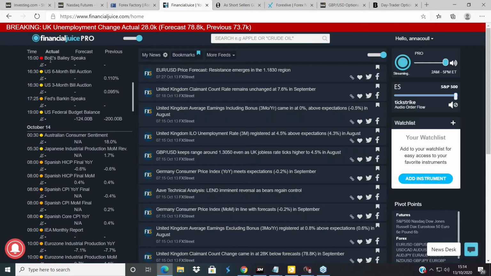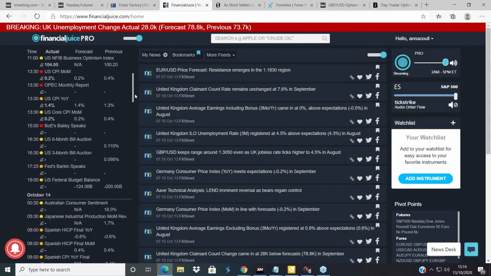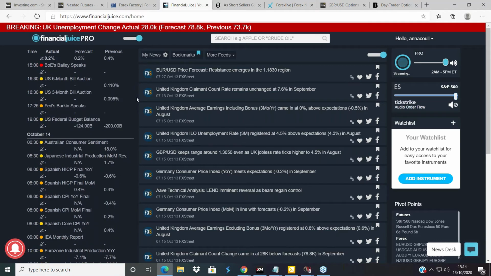So we've got the Bank of England's Andrew Bailey speaking at 3 o'clock. Where's he popped up, David? He wasn't there this morning. Let's have a look. We've got some auctions, we've got a Fed speaker, and then we've got the US federal budget. But generally speaking, all the fundamental news has gone through. So we're back to the election, the virus, the stimulus, maybe the black swan, and obviously earnings.